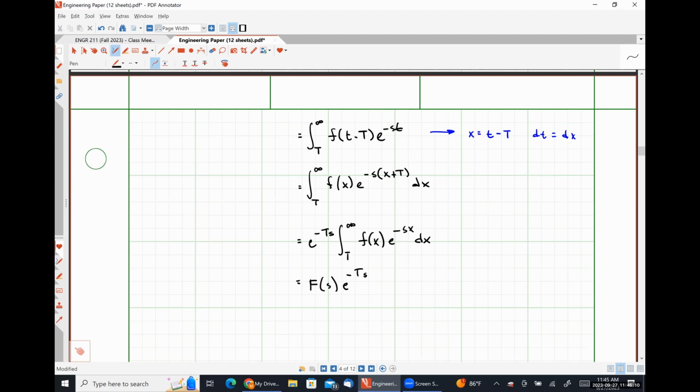What we're about to look at is the frequency shifting property, which is effectively the exact same thing, but in the opposite direction. So if we shift our frequency by some amount a, it's multiplying our time domain function by e to the negative a t.